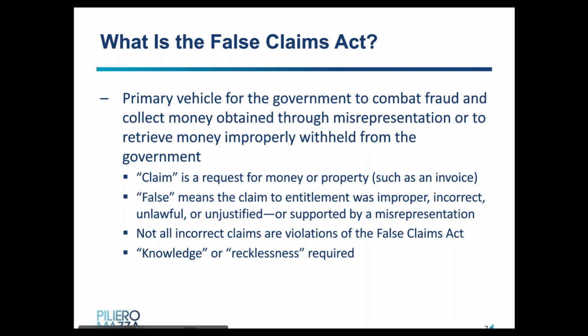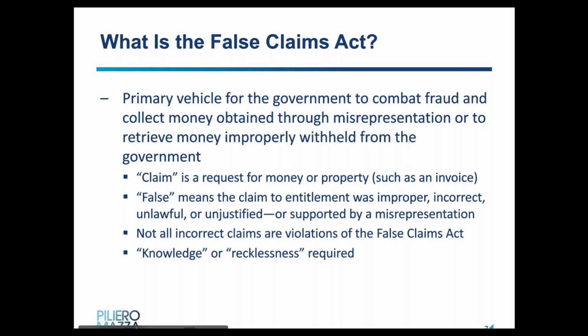For purposes of the False Claims Act, a claim is a request for money or property going either way, from the government to the contractor or from the contractor going to the government. A pretty common example of that is going to be an invoice on a government contract. When we talk about a claim being false, what we mean is that the entitlement to that money was either improper, unlawful, or it was supported by a misrepresentation.